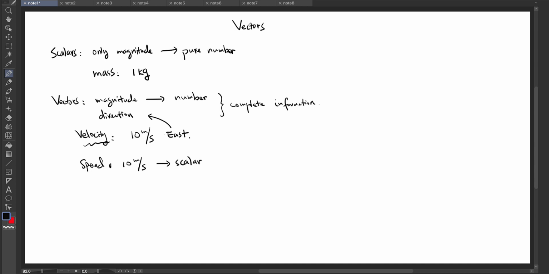And it does not have the sense of direction, unlike velocity, where we need to specify the direction. The speed here now has no direction. Okay, so that's the difference between scalar and vector in terms of everyday language. When we say speed in everyday language, we only talk about scalars.